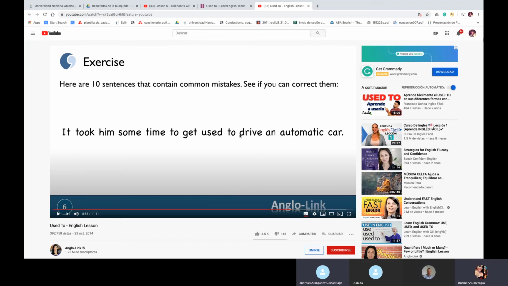No, the mistake appears to be here. It took him some time to get used to driving an automatic car. Ah, sometimes. Diana, what do you think? I don't know if the get it will be past. I got used to drive an automatic car.